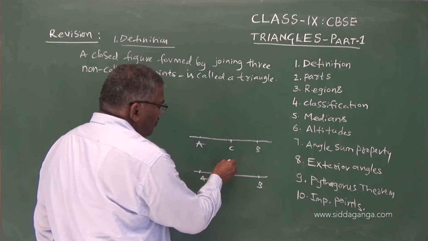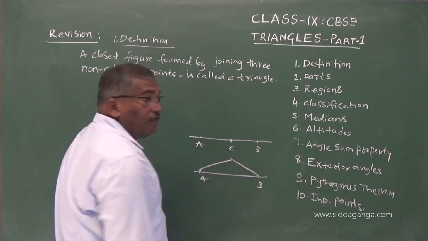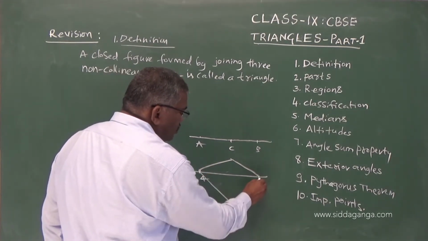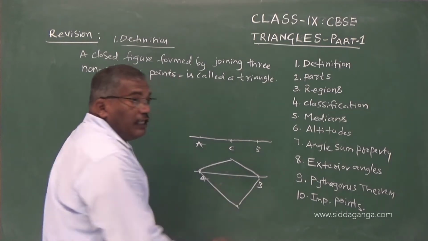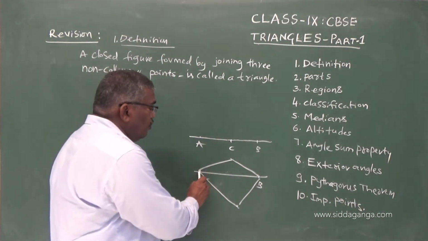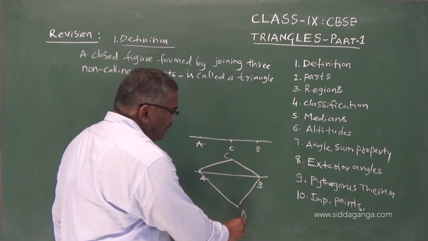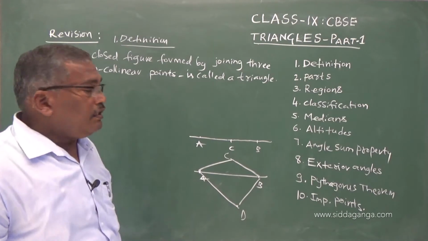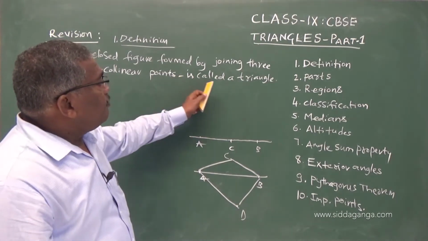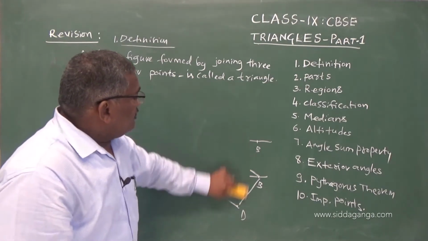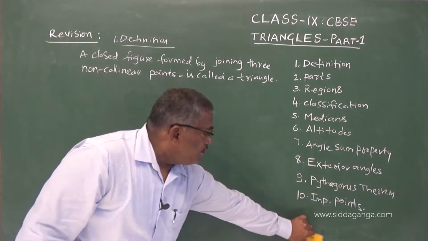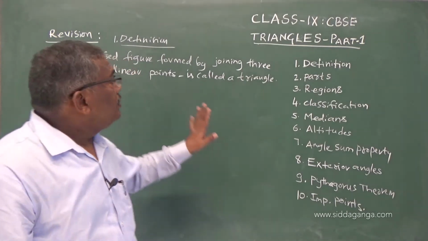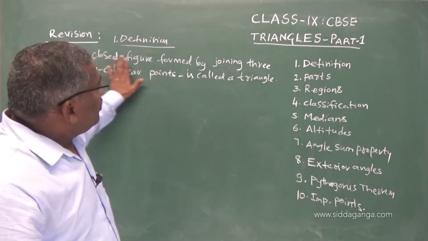If C is here, we can join these and form a triangle. Or if another point D is here, we will have a triangle here. So C and D are non-collinear points. That is the meaning of 3 non-collinear points forming a triangle. The important thing is we need 3 points, 3 lines to form a triangle, and they should form a closed figure.